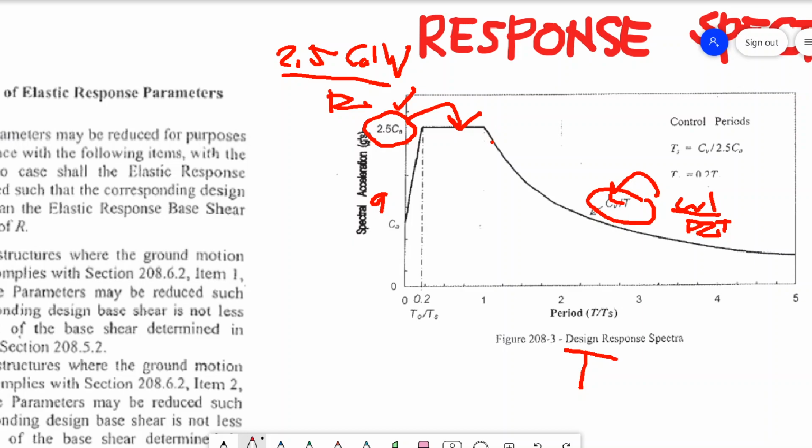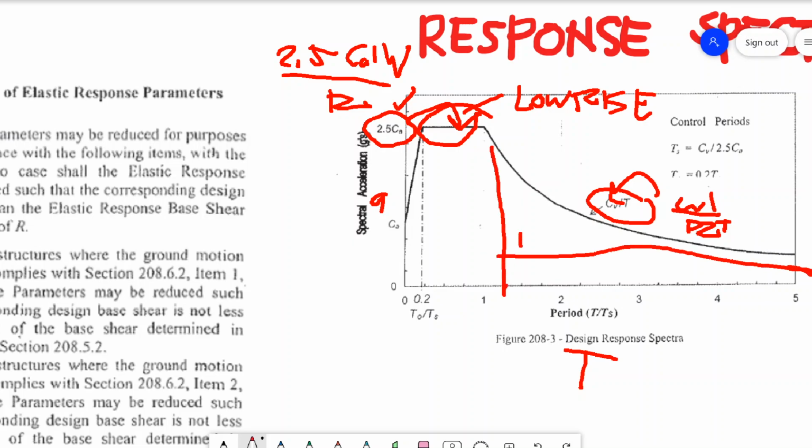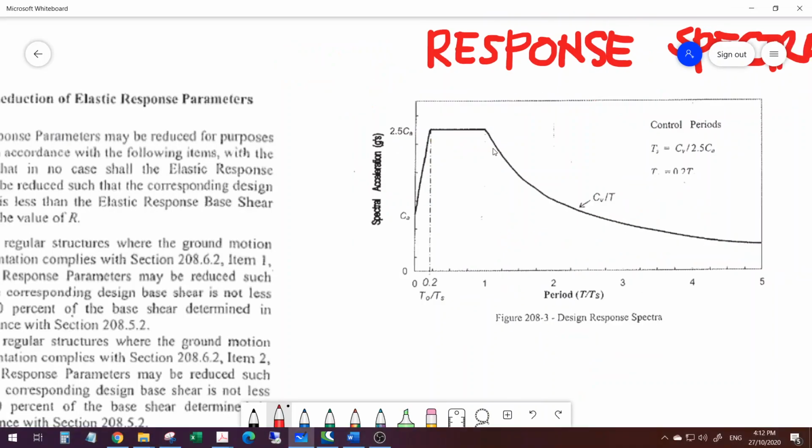So for low-rise buildings, this region normally governs. Now for mid-rise to high-rise, this region normally governs. But again, if you notice, there's no R here because this is a design response spectra. What the code did is actually reduce this response spectra.